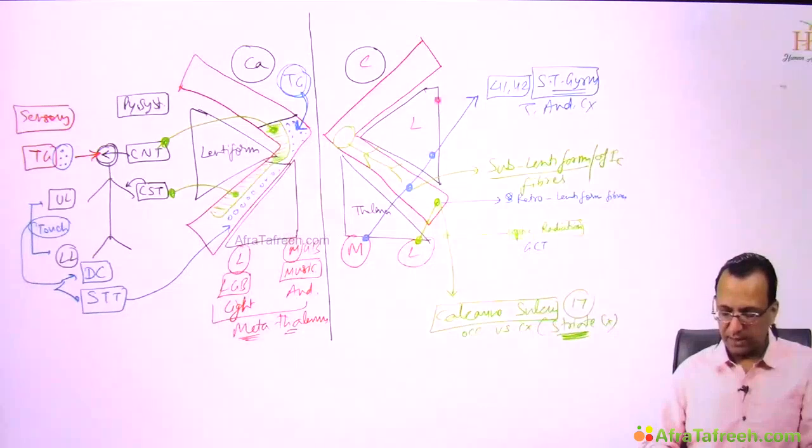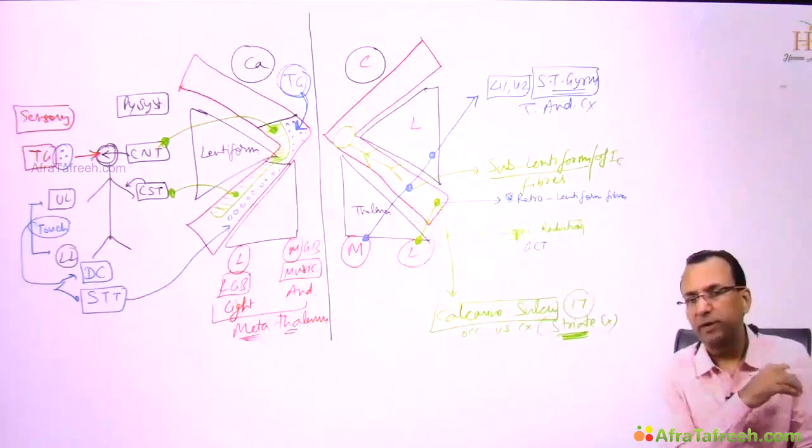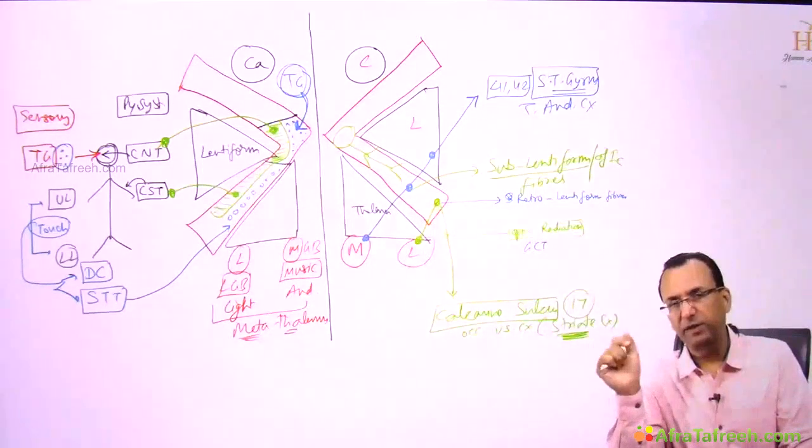Because this is the lentiform nucleus, and the fibers are passing behind it. This is the visual pathway. This is what we wanted to discuss regarding the internal capsule, its various parts and the tracts passing through it.